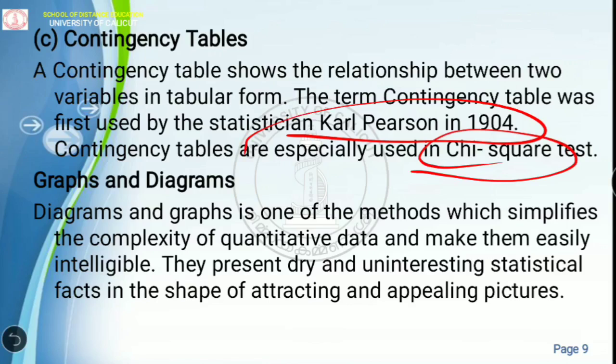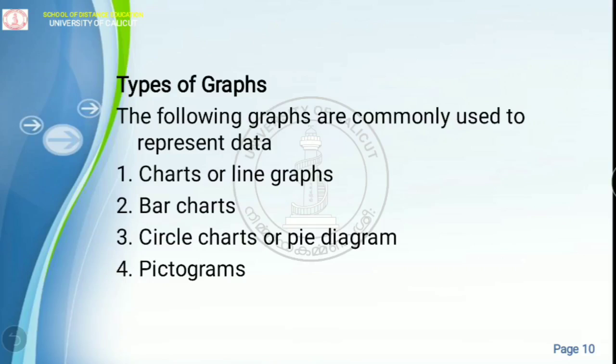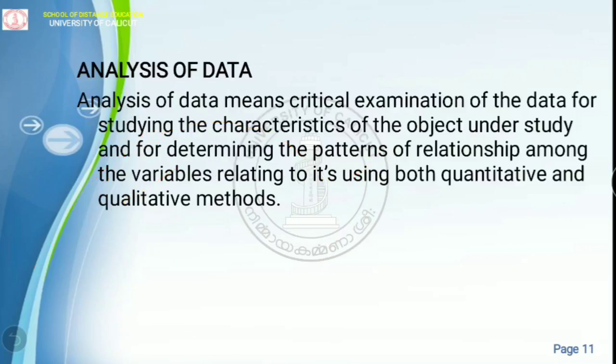Then graphs and diagrams are used for representing the data. Which are the types of graphs? Line graphs, bar charts, circle charts or pie diagrams, and pictograms. All these are types of graphs used in research analysis and processing. Then analysis of data.